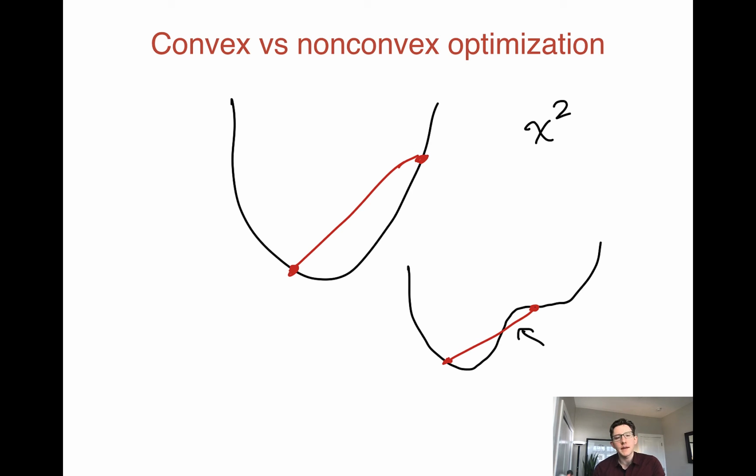This is not convex, this is convex. You can do the same thing in multiple dimensions: a line drawn between 2 points has to lie above the function.